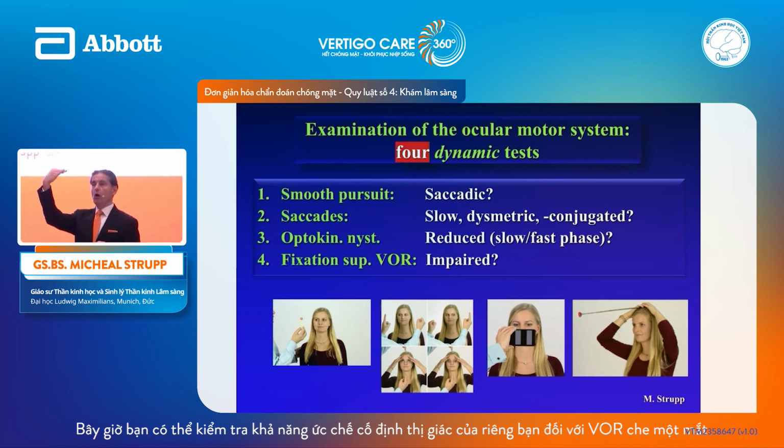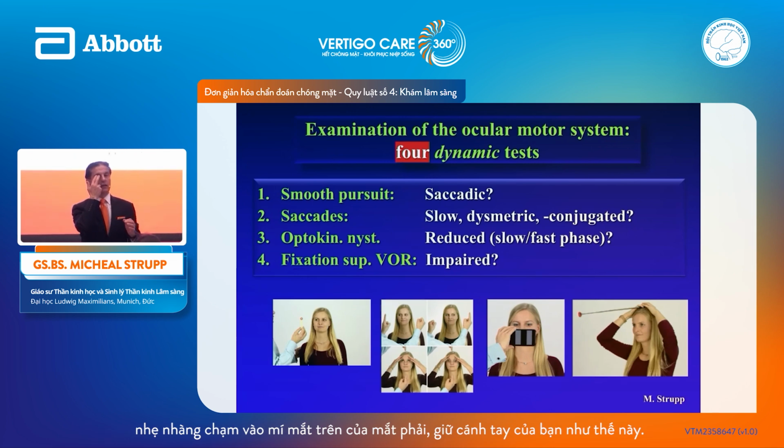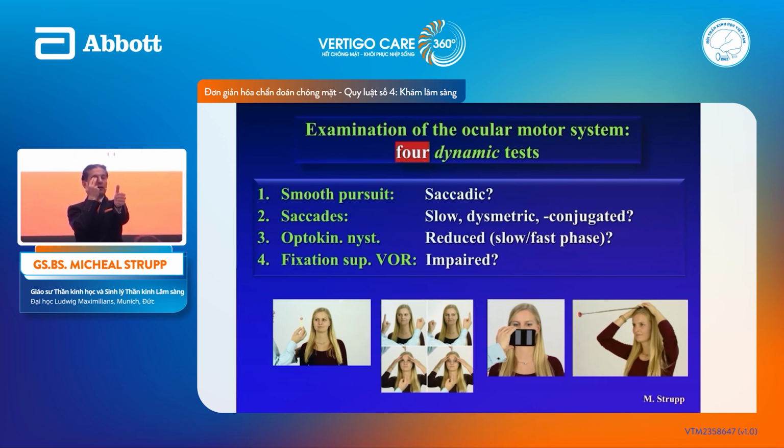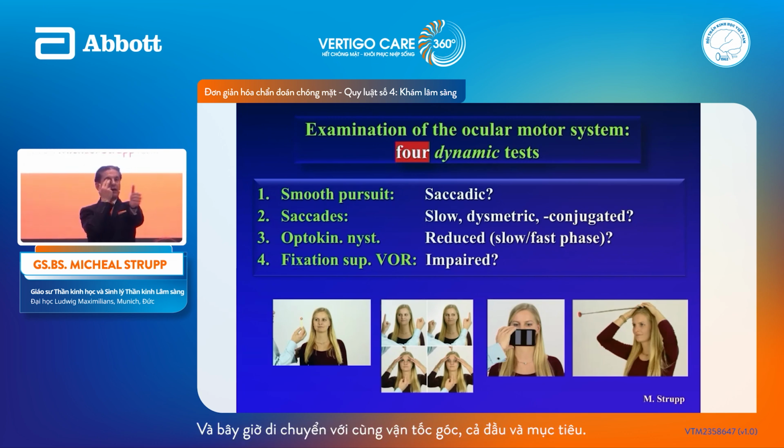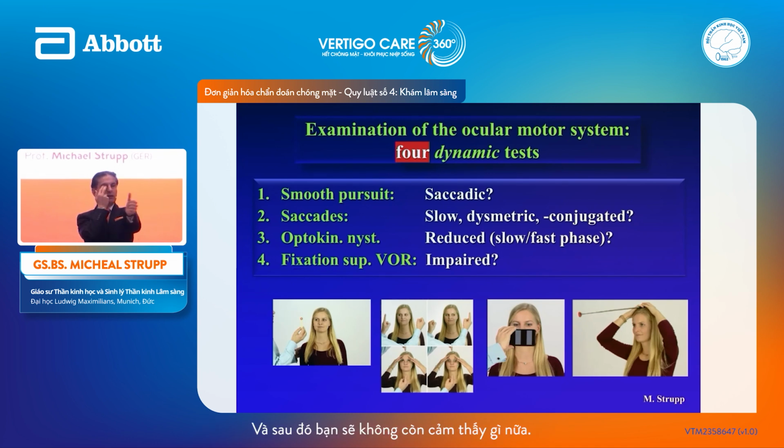Now we can check your own visual fixation suppression of the VOR. Cover one eye, gently touch the upper eyelid of the right eye, hold your arms like this, fixate the nail of the thumb, and now move the head and the target with the same angular velocity, and then you should not feel anything anymore.